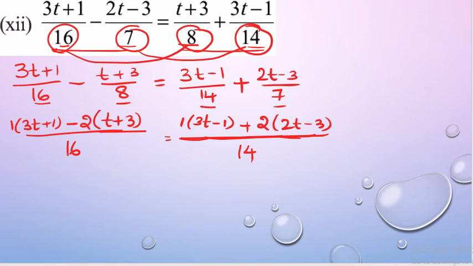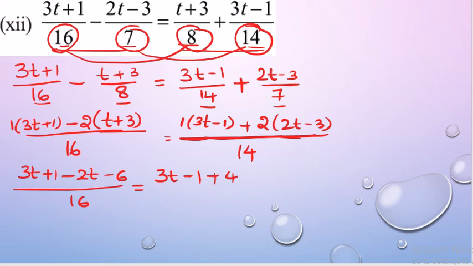So now simplify the numerators. So 3t plus 1 minus 2 times of t plus 3, meaning minus 2t minus 6, divided by 16 is equal to, if you open the numerator, 3t minus 1 plus 2 twos are 4t minus 6, divided by 14. Now in the 2 table this goes 8 times, this goes 7 times.